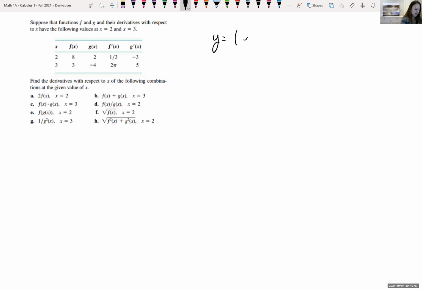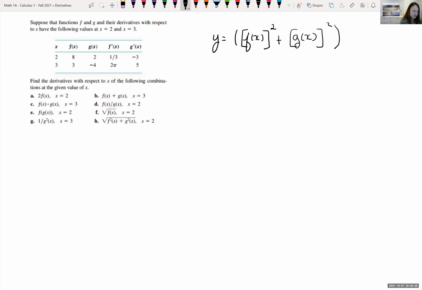So this is the same thing as, and if this helps you to see this, f squared of x is the same thing as f of x quantity squared, and g squared of x is g of x quantity squared.